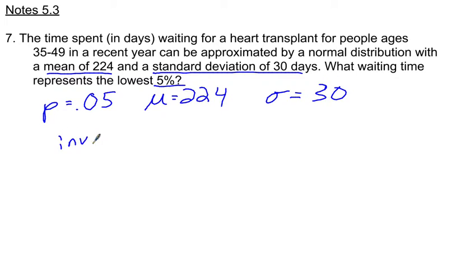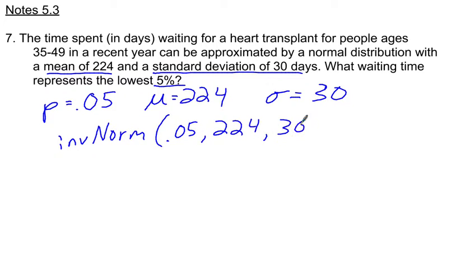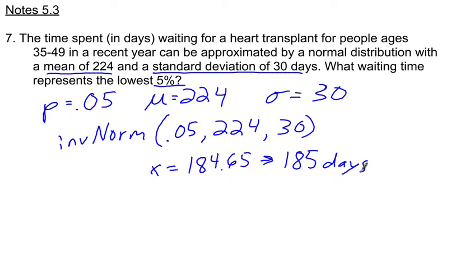So let's do the inverse normal: 0.05, 224, and 30. This gives us a data value of 184.65. So we could round this up and just say about 185 days would be in the lower 5%. So that would be a short waiting period for this.